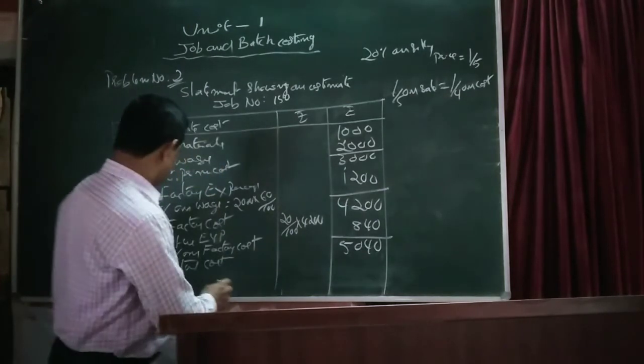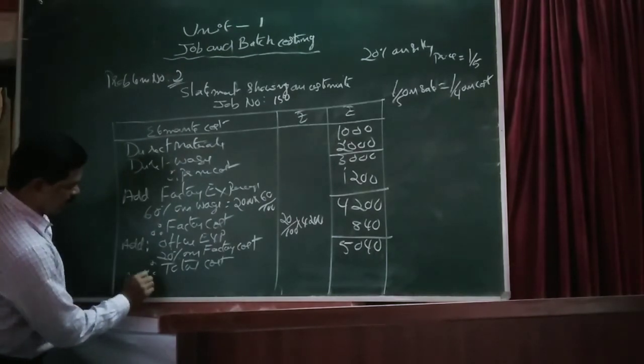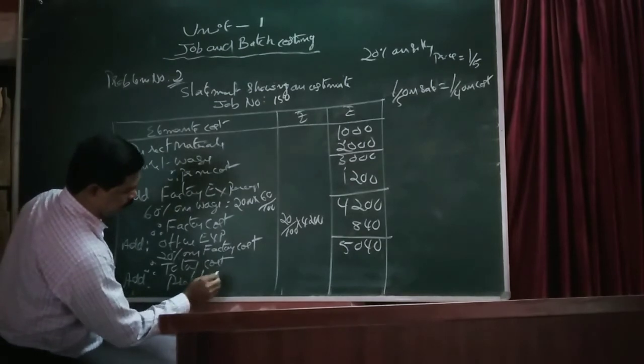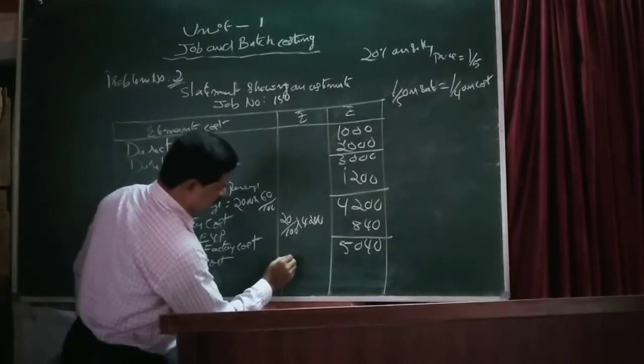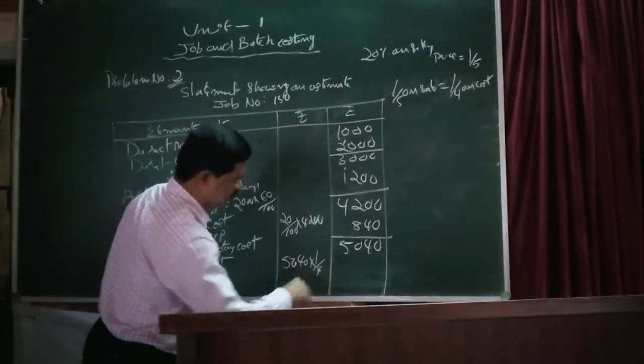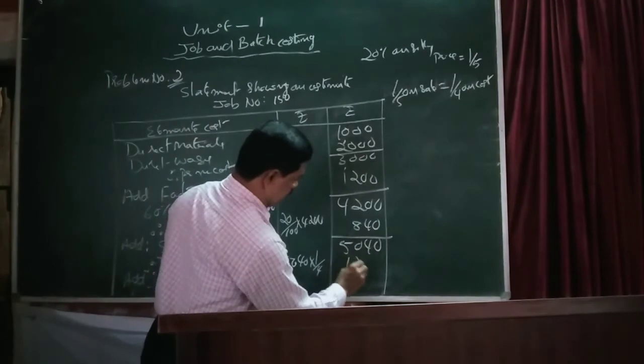So now, therefore, here add profit. 5,040 into 1 by 4 is 1,260.